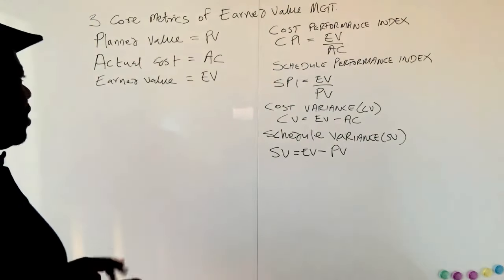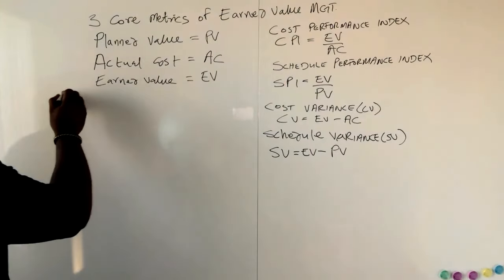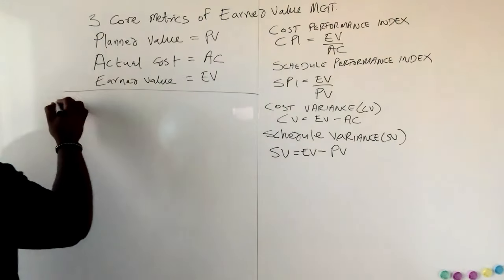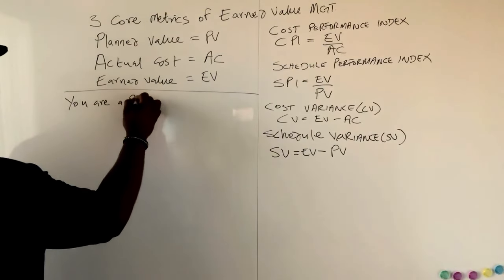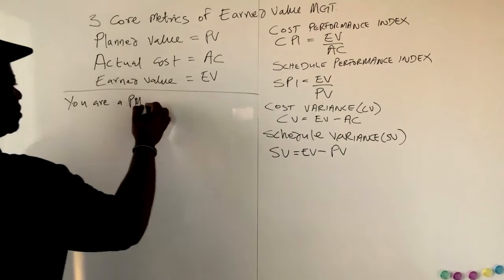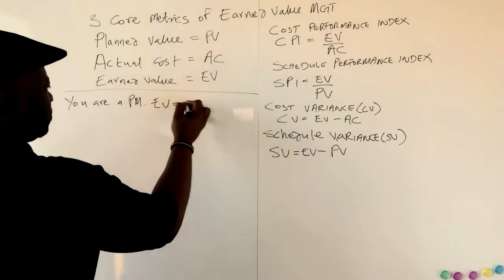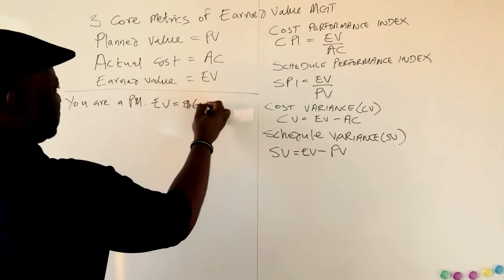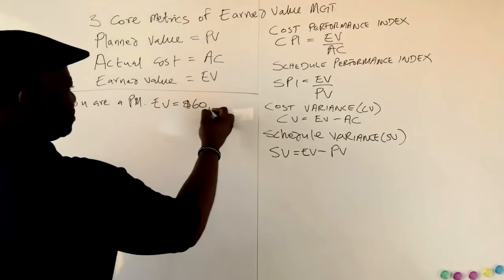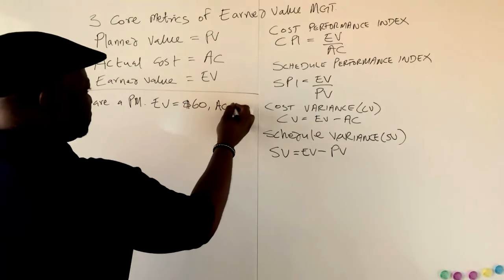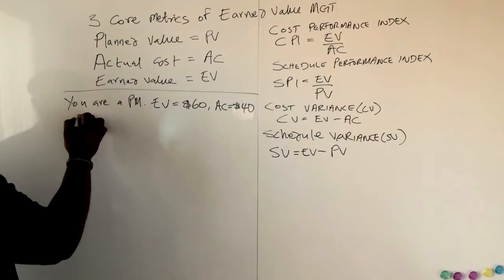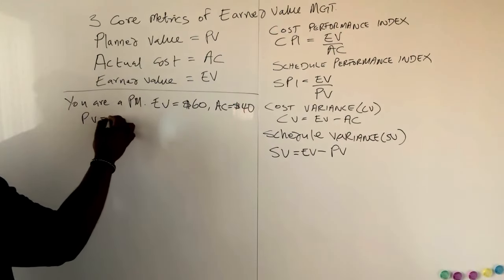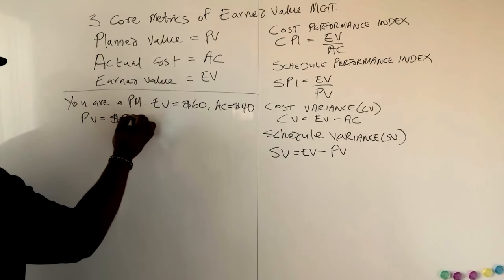Now, a simple question could be as follows. You are a project manager on a project. Earned value is equal to $60. Actual cost is equal to $40. And your planned value is equal to $80.